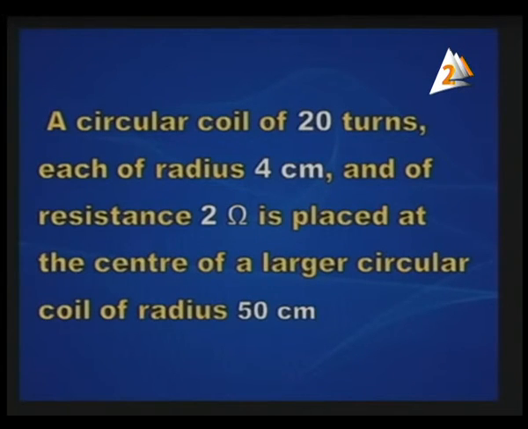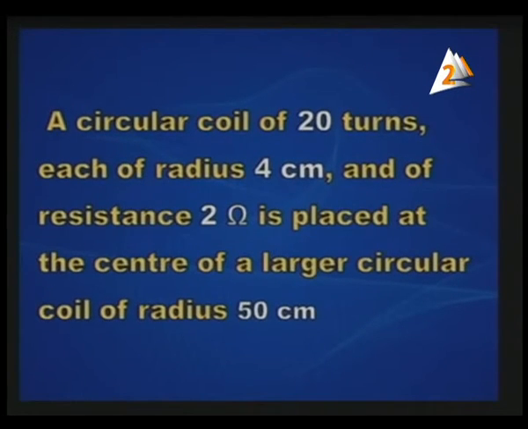And now we've got a problem. A circular coil of 20 turns, each of radius 4 centimeters, so area can be calculated. We've got the radius, a number of turns, and resistance of 2 ohm.